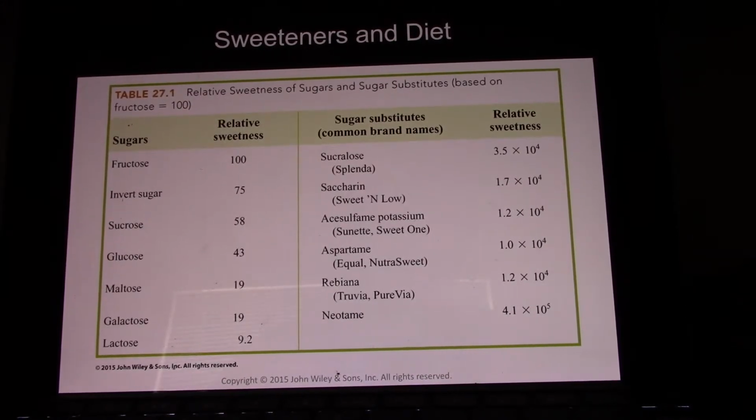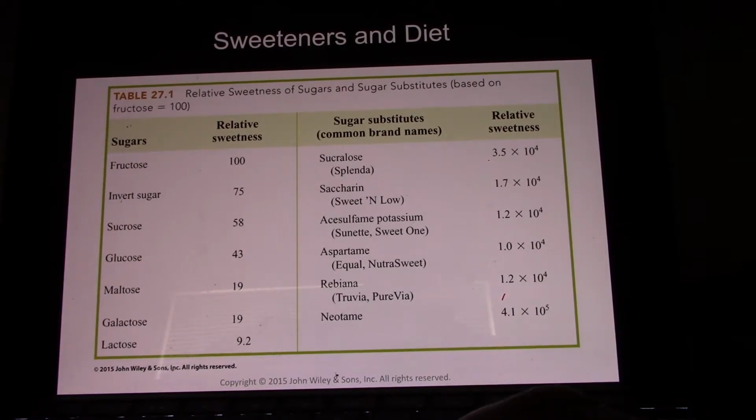Alright, the relative sweetness. Again, fructose is the sweetest sugar with 100% sweetness. Then we have invert sugar, which is sucrose that's been broken down into fructose and glucose. Then we have sucrose, table sugar, then glucose, and then maltose, galactose, and lactose, which are not very sweet. The sugar substitutes, look at how sweet they are though. They're super sweet.